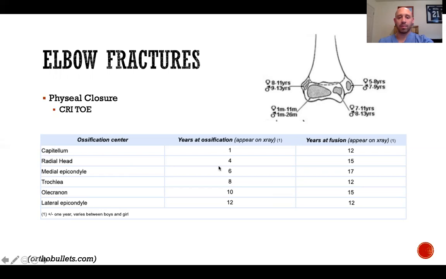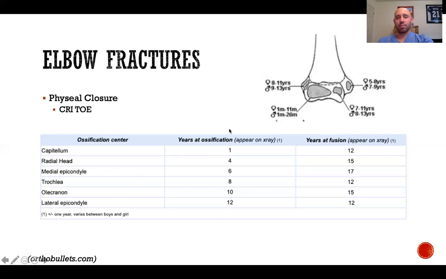And then from here, these are more specific numbers, but what you can do is just say that the capitellum's 1, and then just add 2 years to each of them. So 1, 3, 5, 7, 9, and 11. And that gives you a general idea of when these are going to start ossifying.